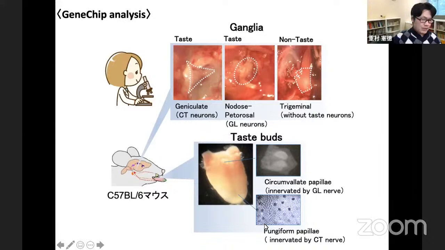Tissue samples were taste buds from fungiform papilla and Barrett papilla, and ganglia from geniculate ganglia, nodose petrosal ganglia and trigeminal ganglia. The geniculate ganglia contain the chorda tympani nerve neurons, taste neurons. The petrosal ganglia also include taste neurons, glossopharyngeal nerve neurons. Trigeminal ganglia don't have taste neurons. This is a negative control.